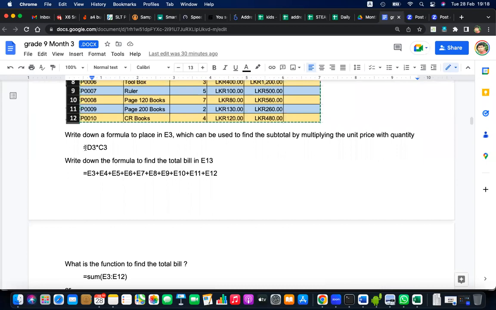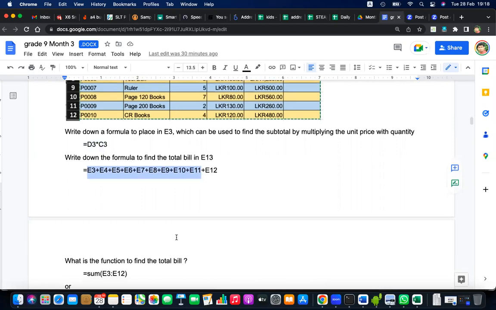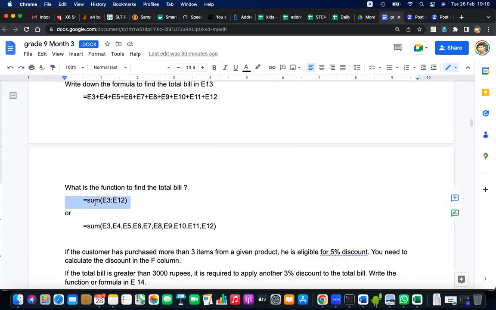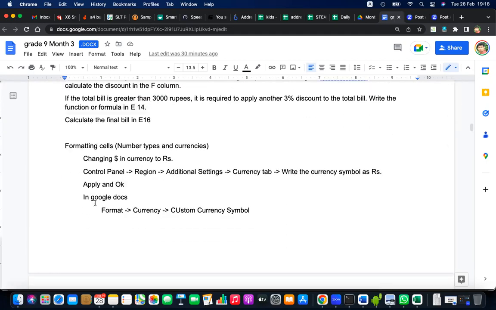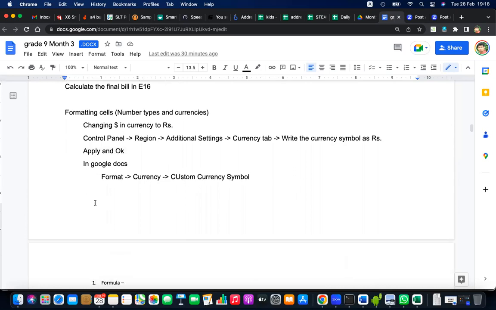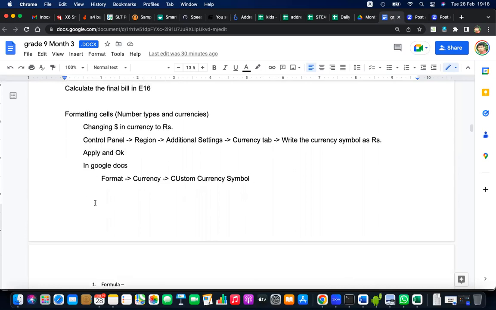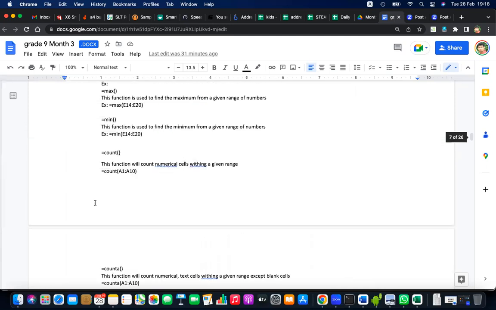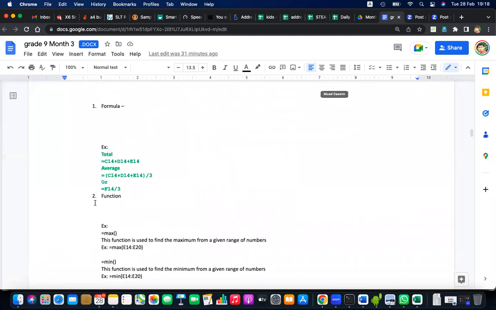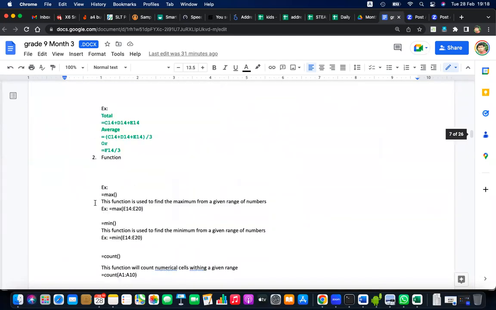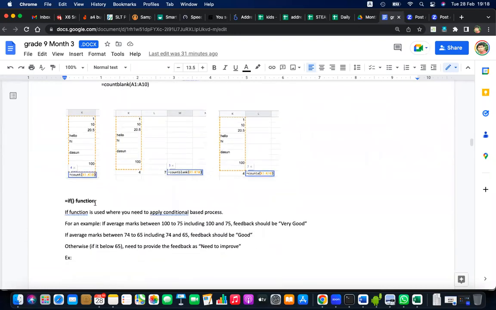Okay, let's write down. So this is a formula. Again, this is also a formula, and this is a function. A function has a keyword. Now you know about function and formula very well. Let's write down about relative and absolute referencing.